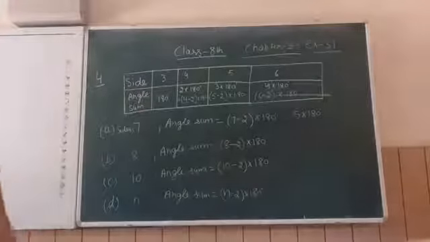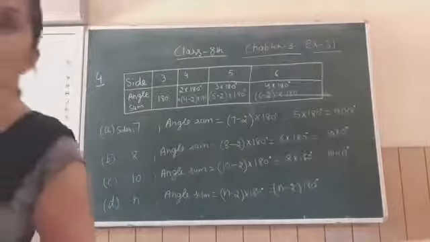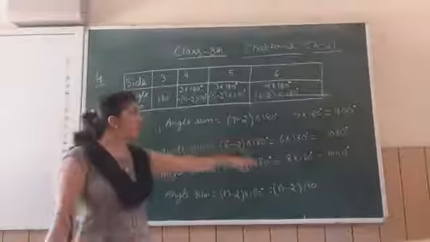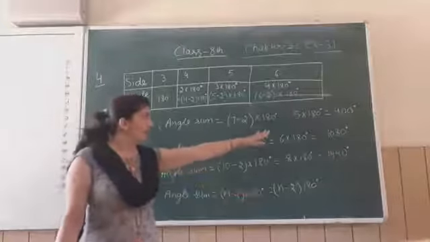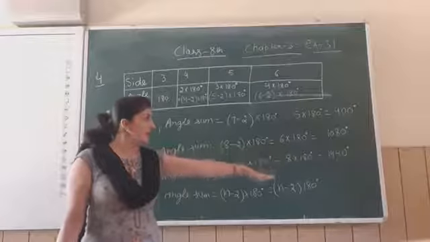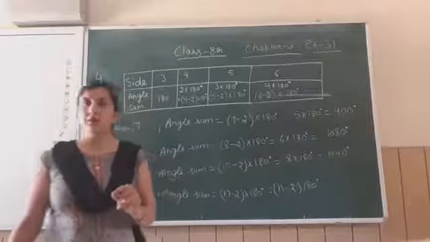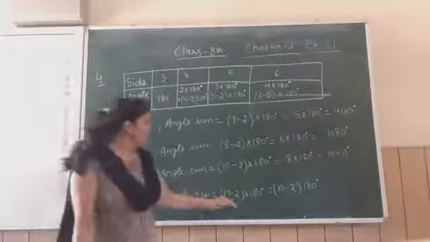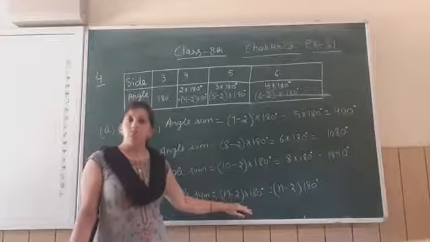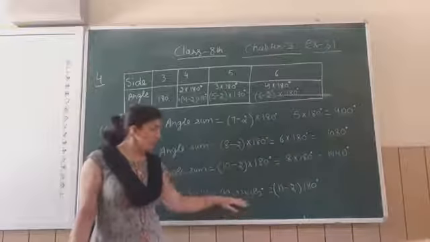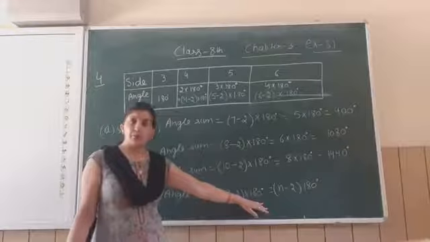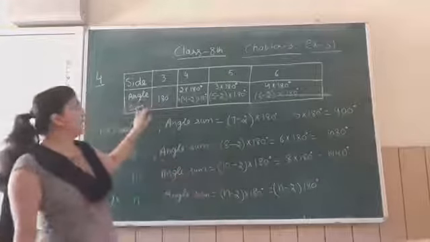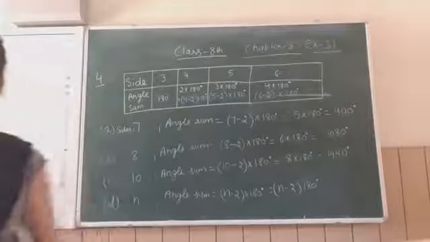Now we will solve this. After calculation, the answer will be like this: 5 multiply 180, 6 multiply 180, 7 multiply 180. So the result we have obtained is that from the number of sides we subtract 2, and when we multiply it by 180, we get the angle sum.